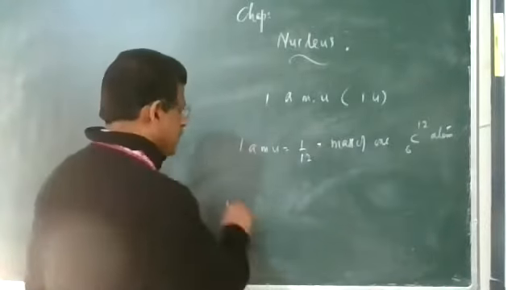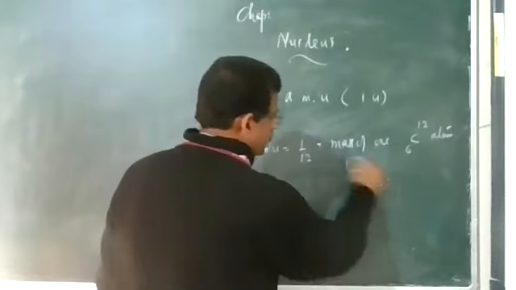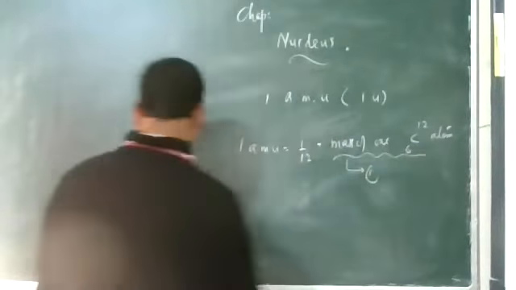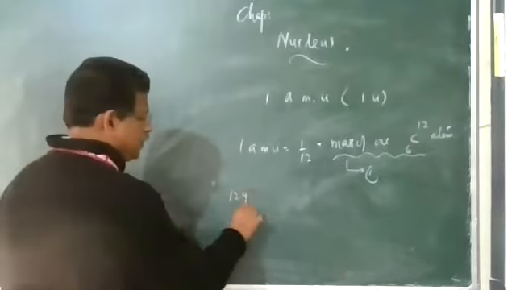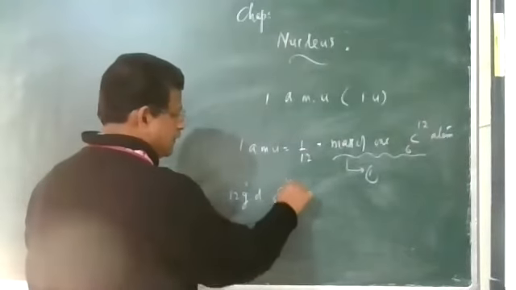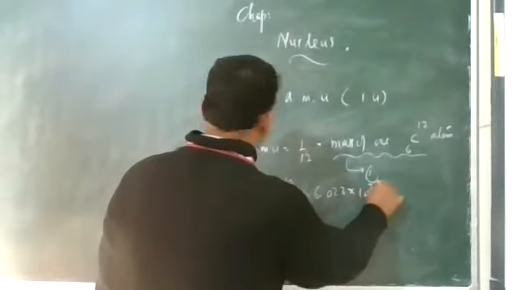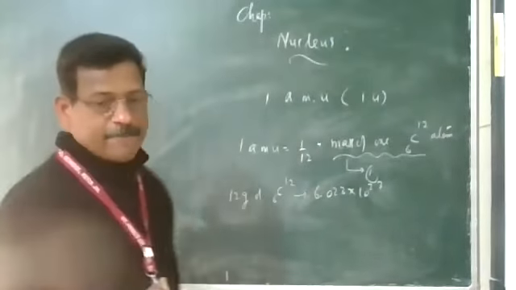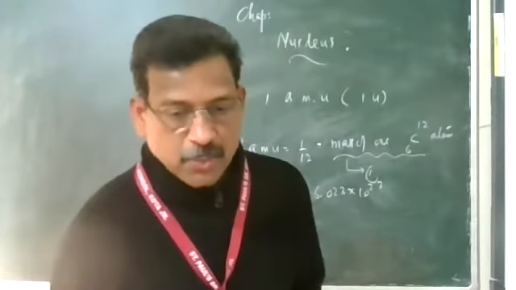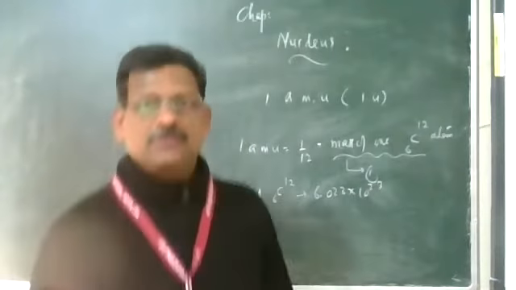We are going to find the mass of one C-12 atom. We know 12 grams of C-12 contains Avogadro's number, 6.023 times 10 to the power 23 atoms.